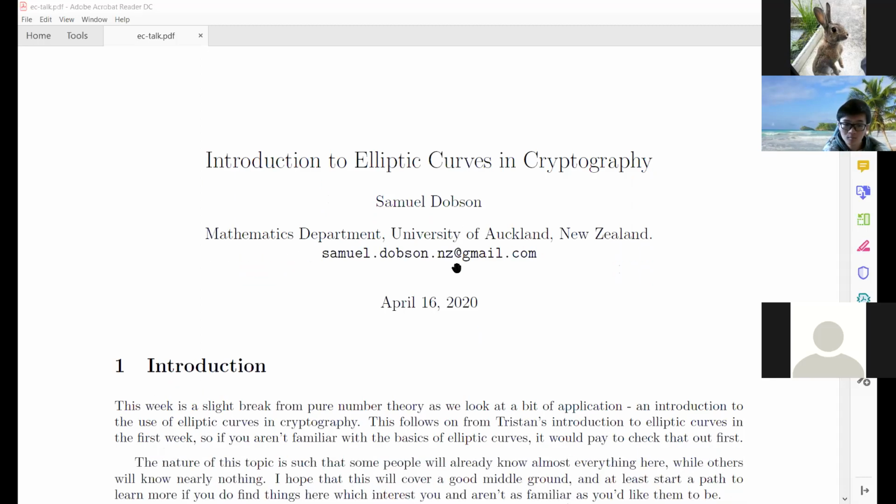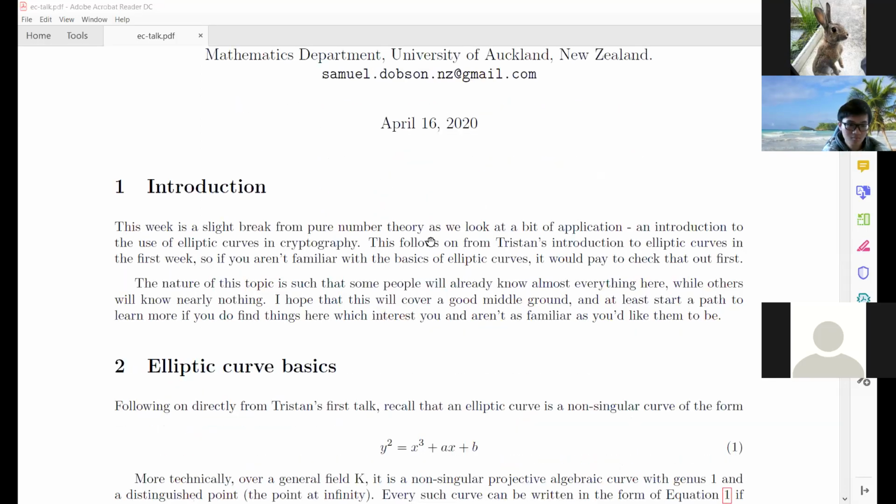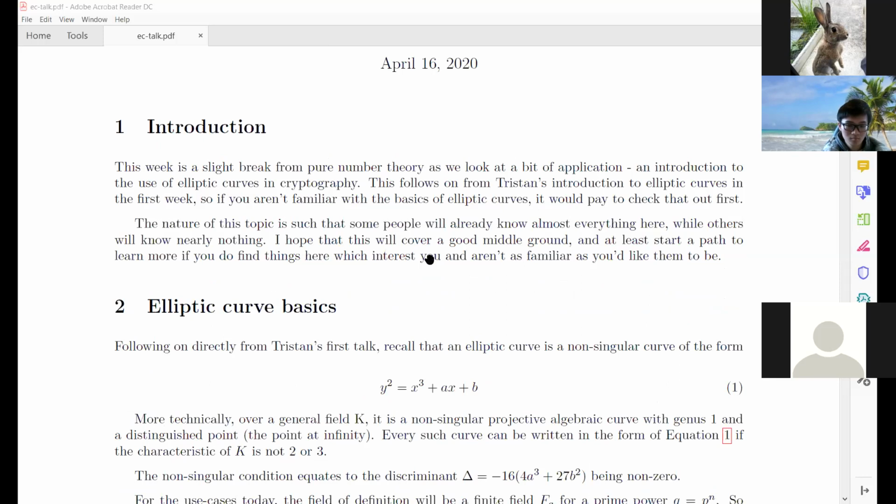So it's a bit of a break from the very theoretical number theory stuff, because obviously cryptography is more of an application of number theory. And this follows on directly from what Tristan was talking about in the introductory lecture the first week.